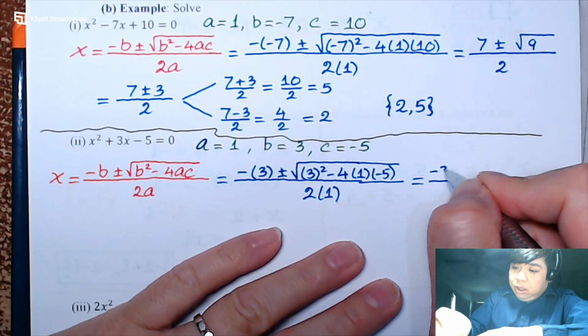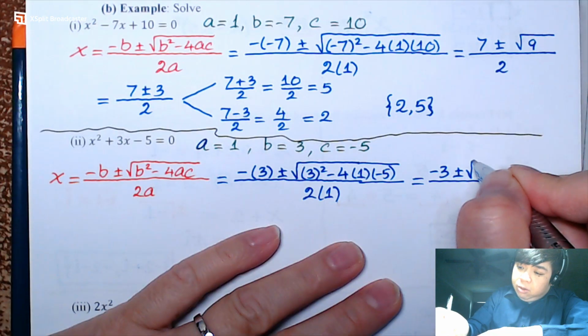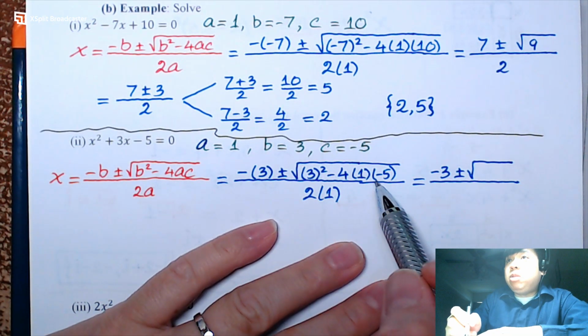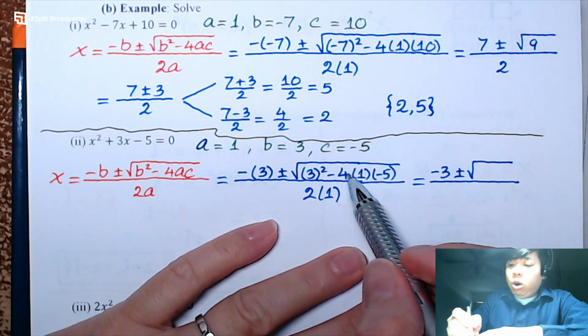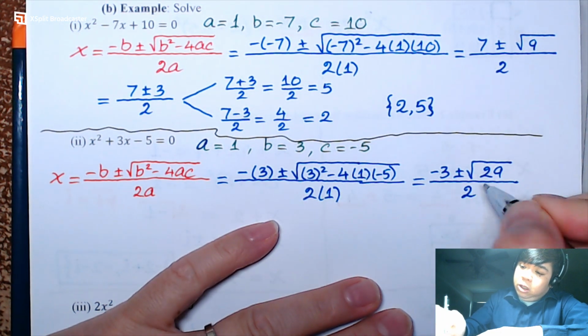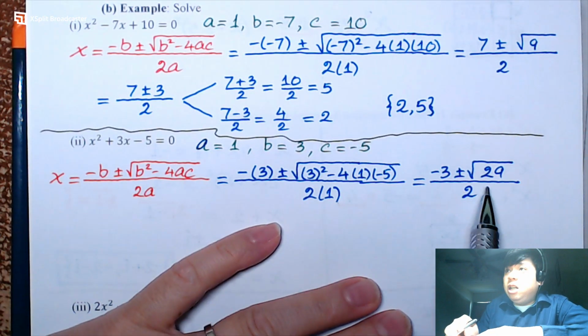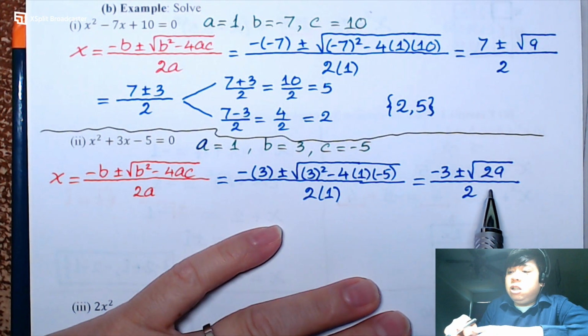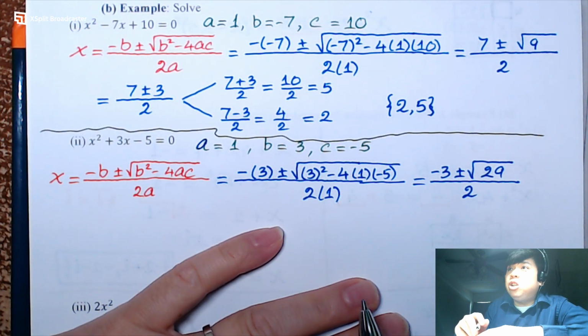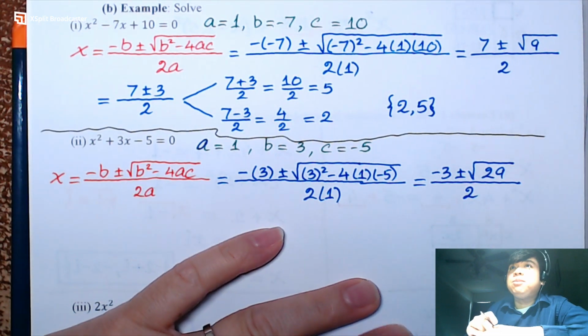So we have negative 3 plus or minus square root of 3 squared, which is 9, minus 4 times 1 times negative 5, that's a positive 20, and 9 plus 20 is 29, over 2. And 29 is a prime number. It can only divide by 1 and 29. So that's all we have. We're stuck with this, and this is the solution.